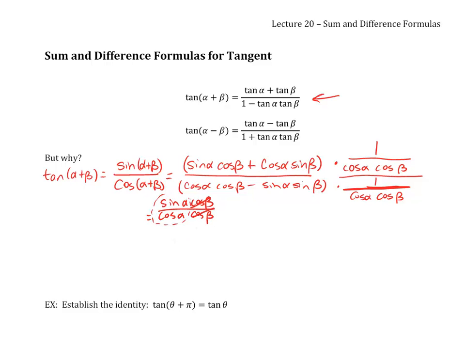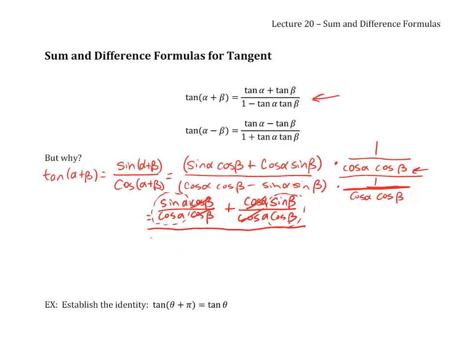It's a good choice because these will cancel and leave me with a tangent of alpha, because sine over cosine is tangent. And that same choice will do the same thing for the second term. I end up with cosine alpha sine beta on top divided by cosine alpha from here, cosine beta. The cosine alphas cancel, and I'm left with a tangent of beta. And that's the entire numerator.